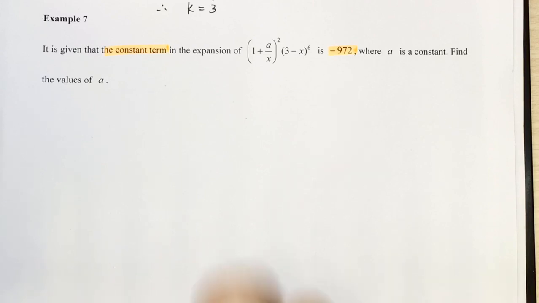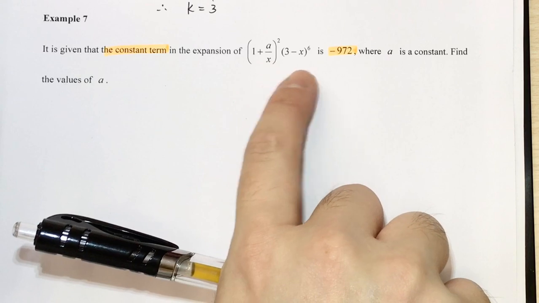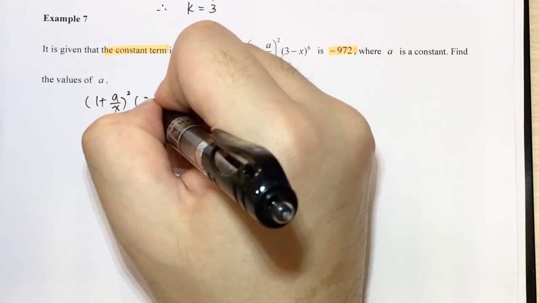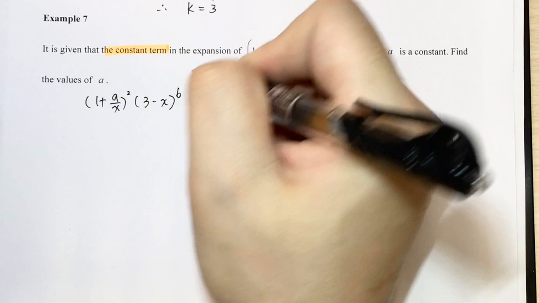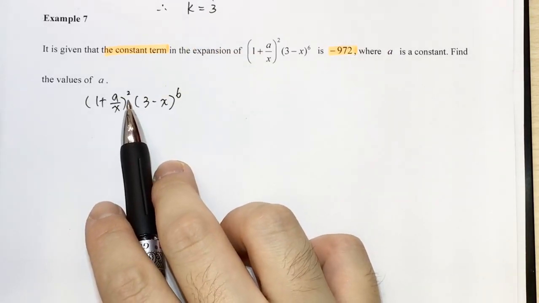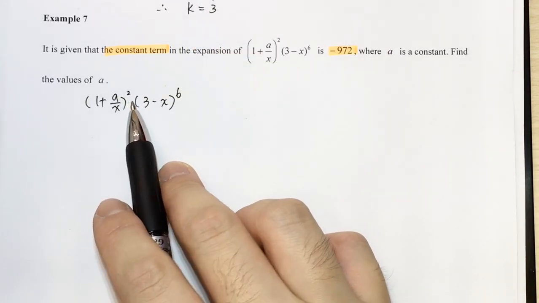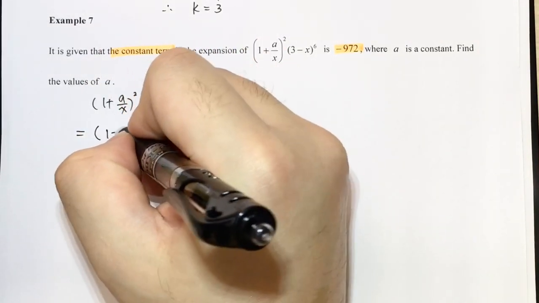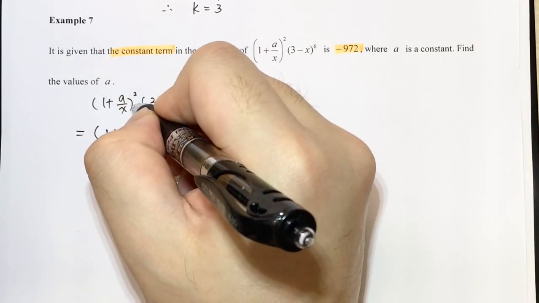Also, in order to expand the whole thing, we need to be very careful with which bracket is of smaller power, like square here. What I mean is it's easier for us to expand this bracket.